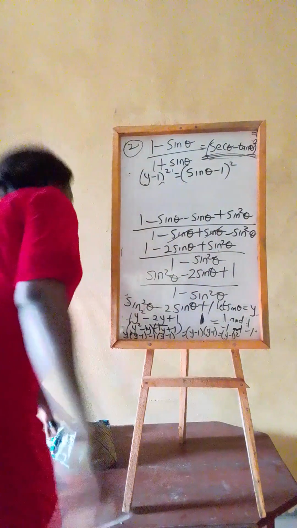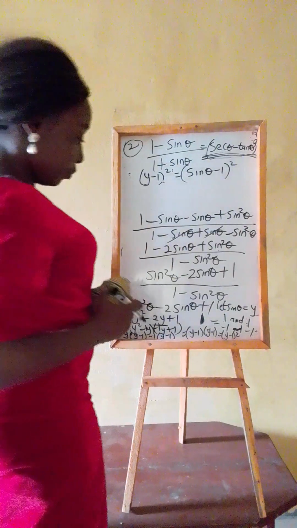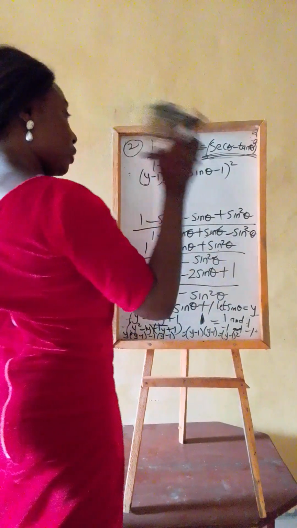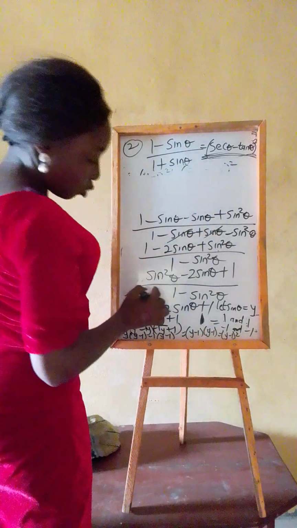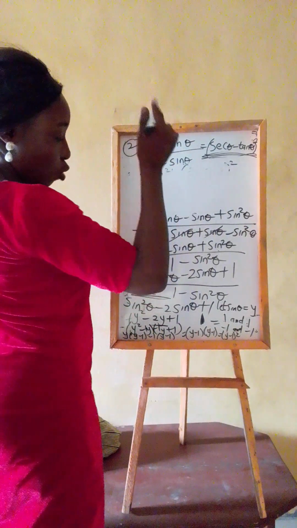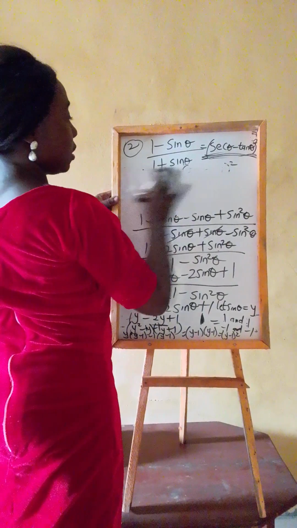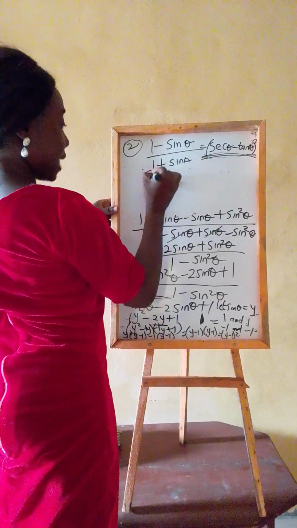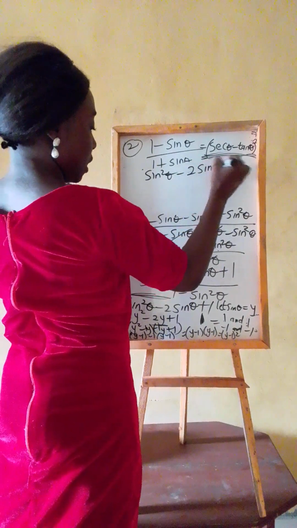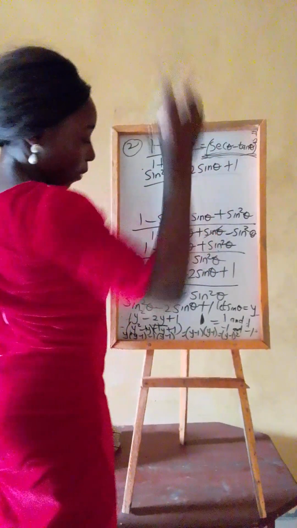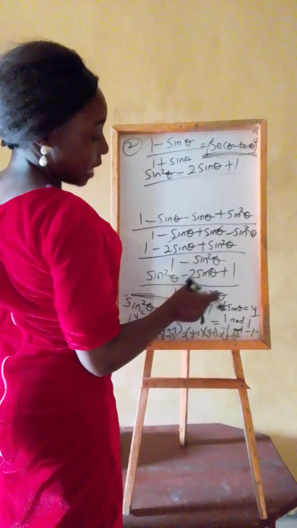And if you don't do it that way, you can decide to go back to this. When you go back, you write sine squared theta minus 2 sine theta plus 1 over 1 minus sine squared theta.